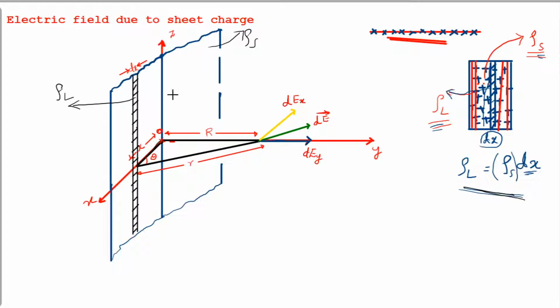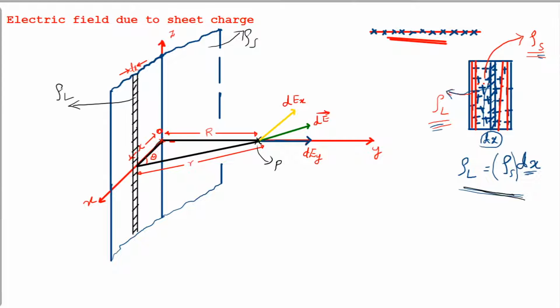Fine. Now this dx portion which I have considered is approximately x length from the origin. Since it is along the x axis, I have taken the length as x. Now let me mark point P. Somewhere here I have point P, where I need to find the electric field intensity due to this entire sheet of charge.